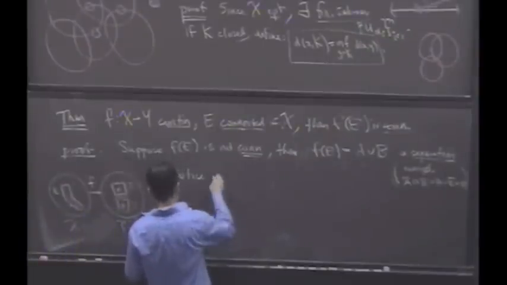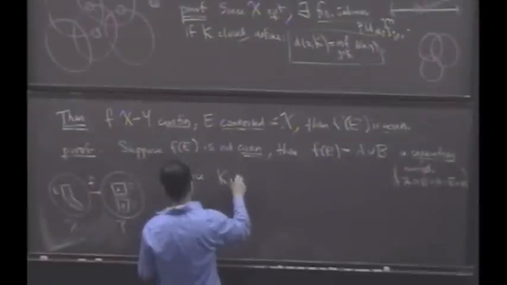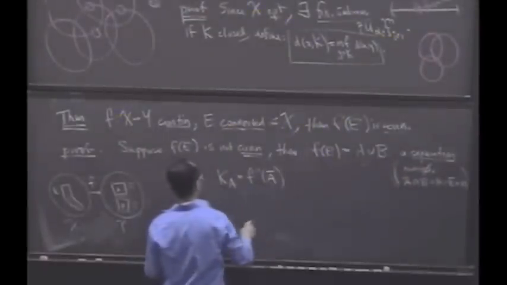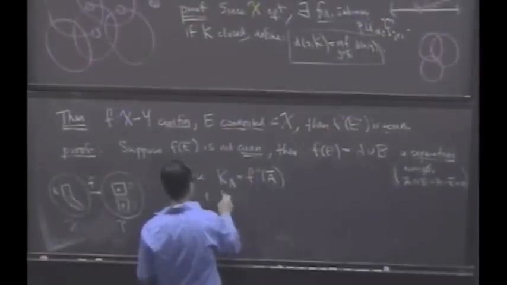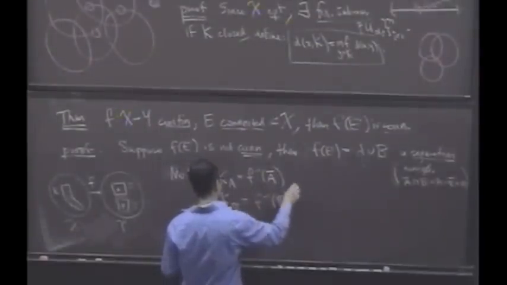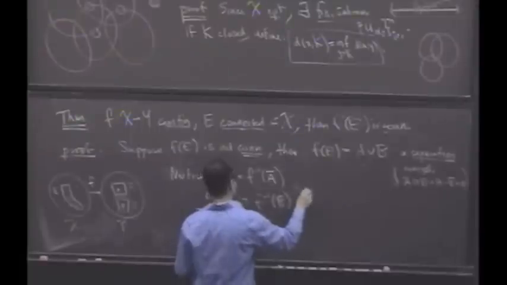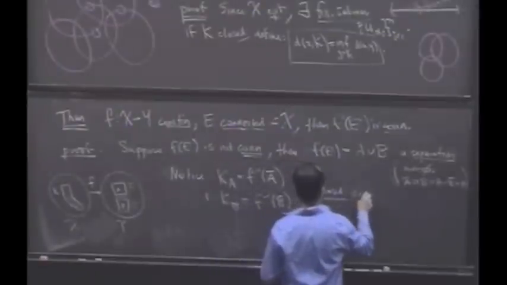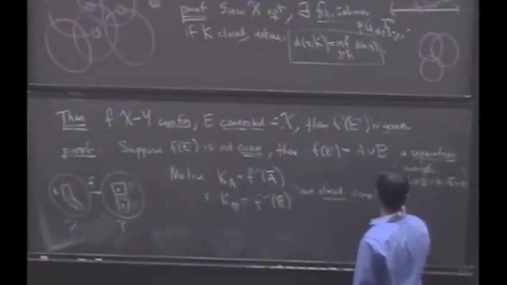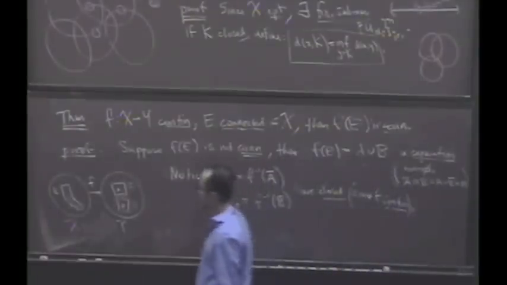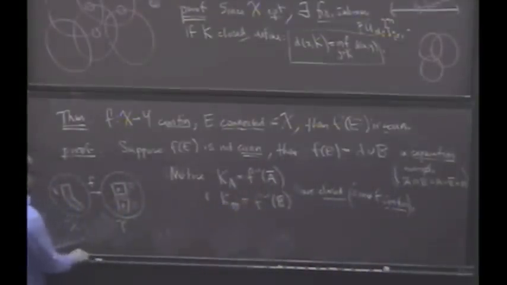Let's call this set KA, which is the inverse image of A closure, and KB, which is the inverse image of B closure. Let's notice that these are closed, since F is continuous. Great. So they're sitting over here somewhere, yes?